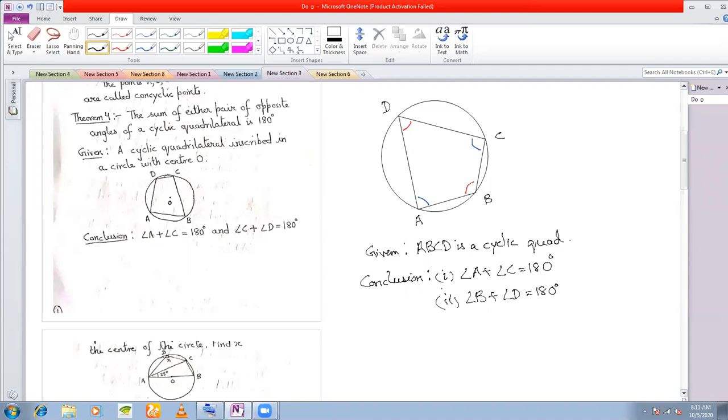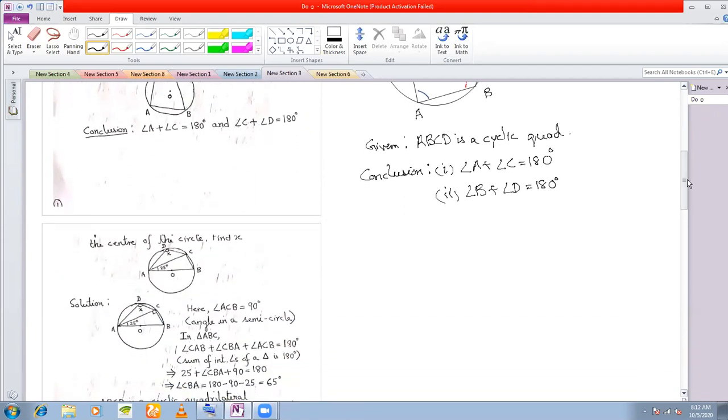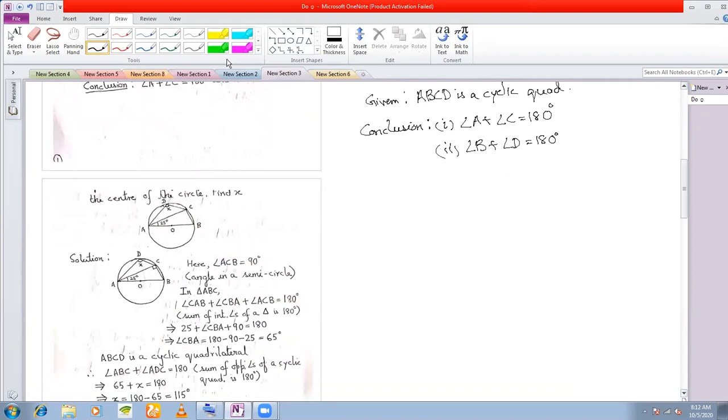The converse of this theorem also holds. Now, what is the converse of this theorem? Not very important as far as the examination is concerned, but yet you can know the converse.